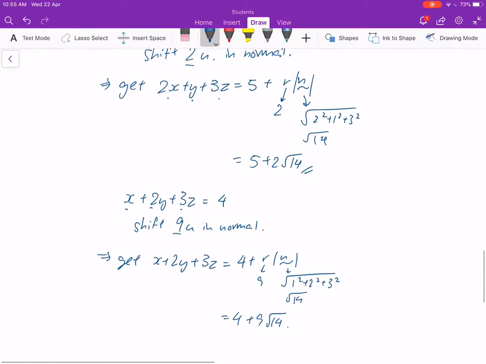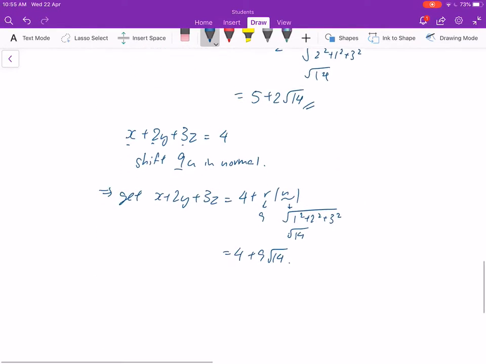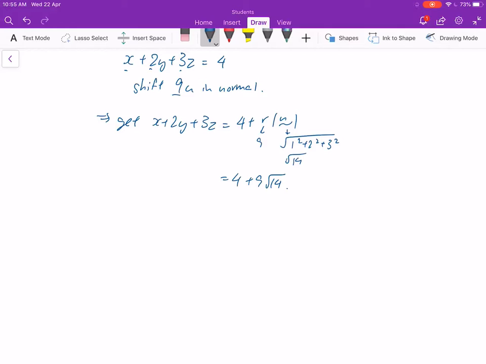Just one last thing to note. Sometimes they don't say shift it, how many units in the normal, they can paraphrase it, right? Let's give this, let's a 5 instead, okay? No more shift.